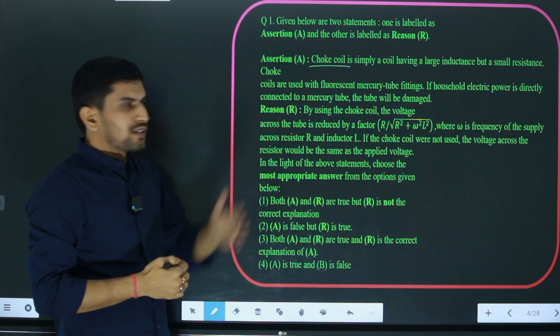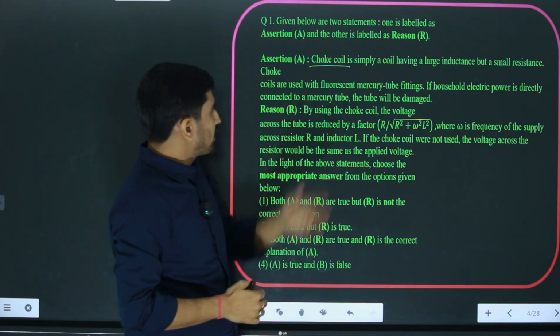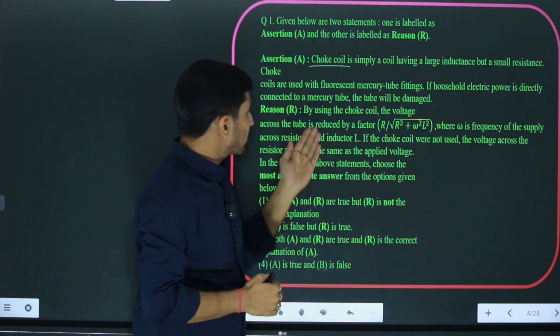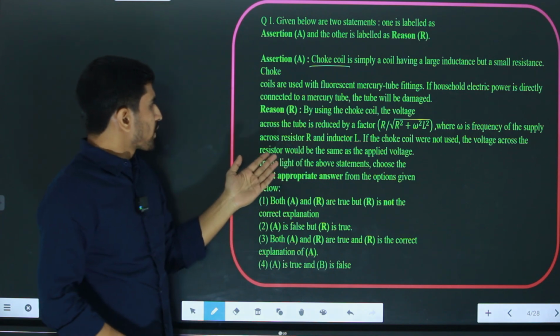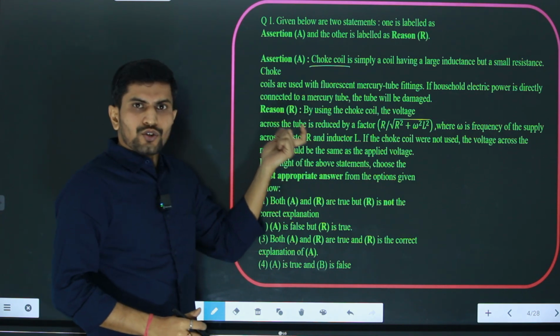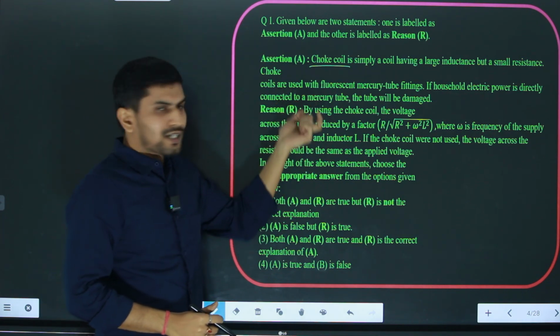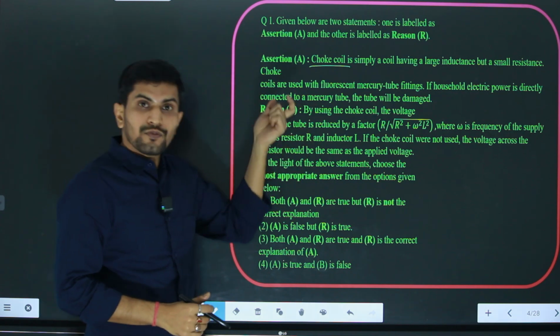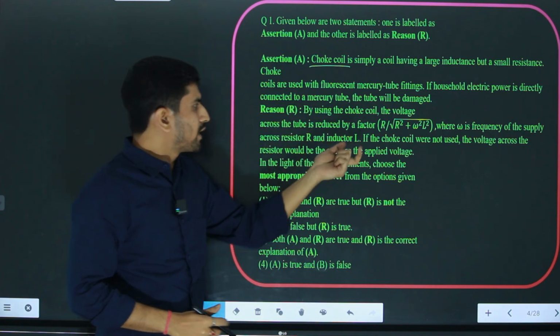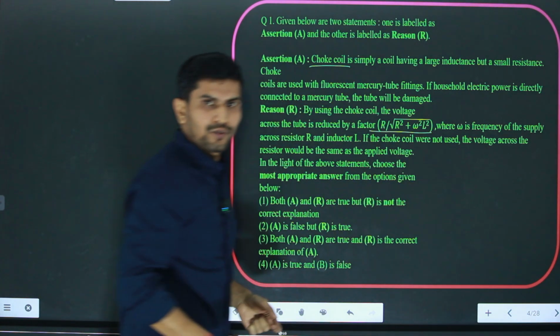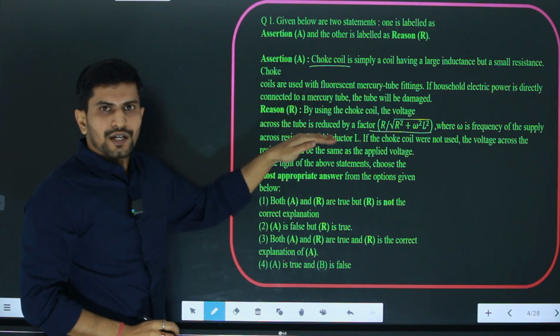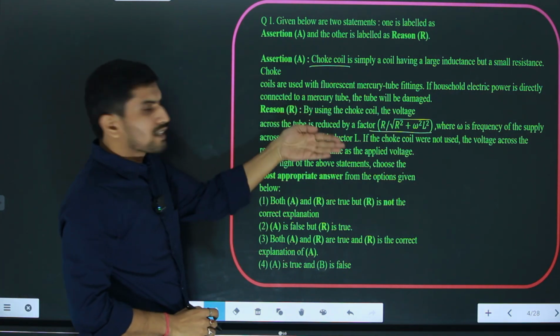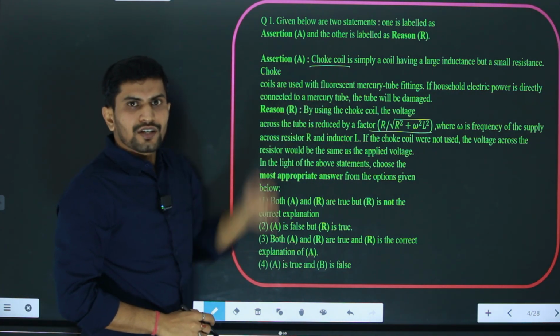This statement is correct, right? Let's read the next statement. It tells that when you connect the choke in series with the mercury bulb, the voltage across the mercury bulb will be reduced by this factor. This statement is also correct, and the reason is successfully supporting the assertion.